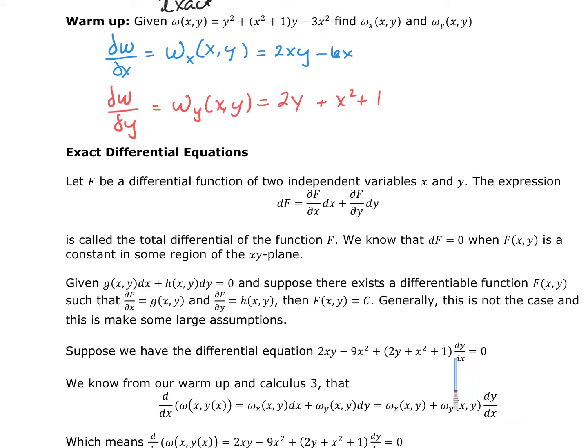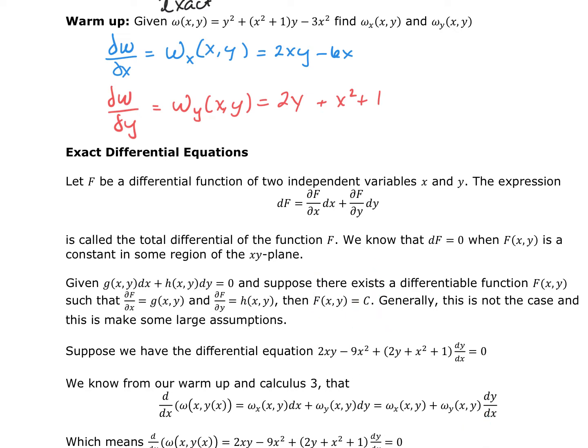Now we know from our calculus 3 warm-up that the differential of the function we just did, omega, is the partial derivative with respect to x of omega dx plus the partial derivative with respect to y of omega dy.